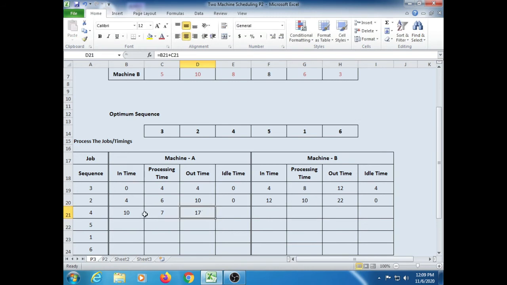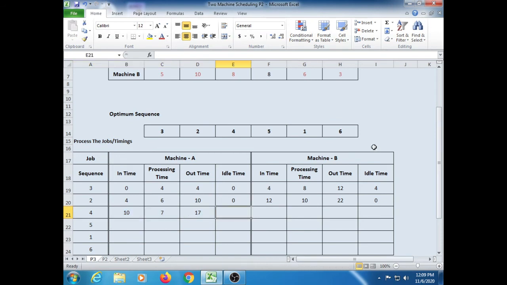That means at the 10th hour we are starting the job to process on machine A. How many hours do we have to process the job on machine A? That 7 hours we have to process the job on machine A. Then 10 plus 7, 17. At the 17th hour we can complete the job on machine A.